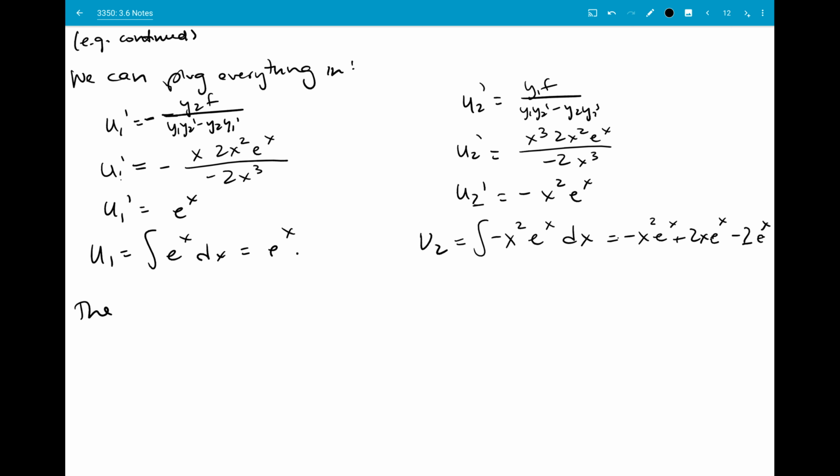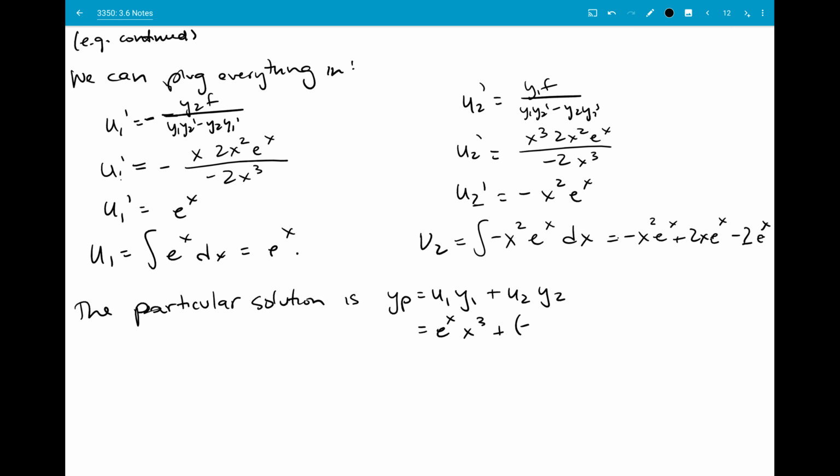So the particular solution is yp equals u1 y1 plus u2 y2. So that's e to the x times x cubed plus minus x squared e to the x plus 2x e to the x minus 2 e to the x, times x.